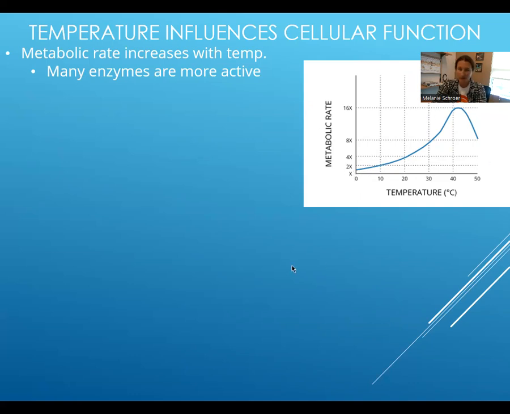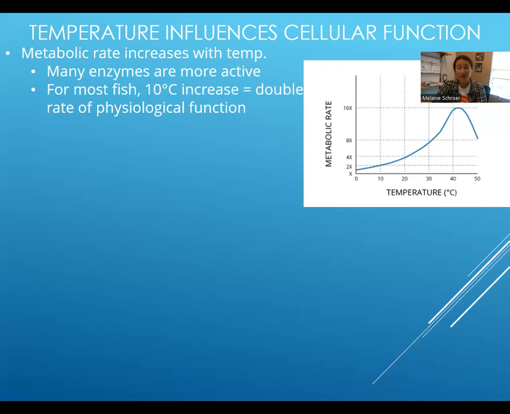And so this is really behind why we get a fever when we're fighting a cold or an infection. We get a fever so that we increase the activity of our own enzymes, and therefore we can combat whatever is invading our body, right? So fevers, not a bad thing, very helpful. And so enzymes are more active when temperature increases. For most fish, about a 10 degrees Celsius increase in temperature is literally going to double the rate of physiological function, right? Seems like a great idea, right?